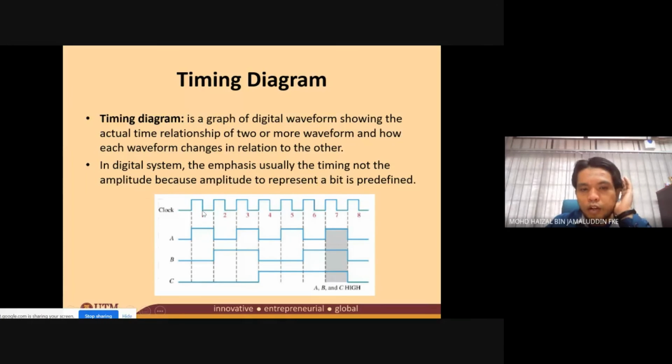Here we have a clock, a signal A, signal B, and signal C. Maybe signal C depends on the inputs A and B. When A and B change, C could change or C could stay the same. This is an example of a timing diagram. When you use components later on, such as basic gates, AND, OR and so on, you will see this.